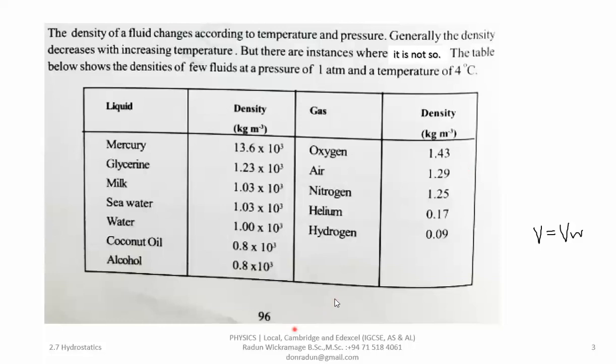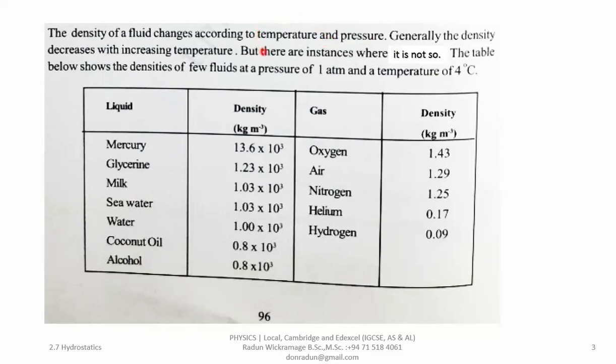Right, here they have given in your resource book some of the liquids and gases with their density at 1 atm pressure and 4 degrees Celsius temperature. Usually when we increase the pressure, the density will increase.